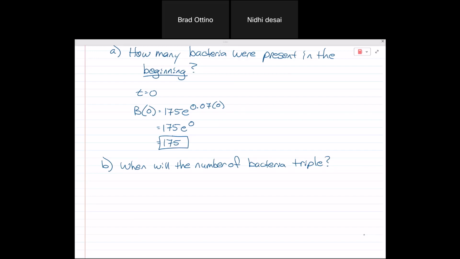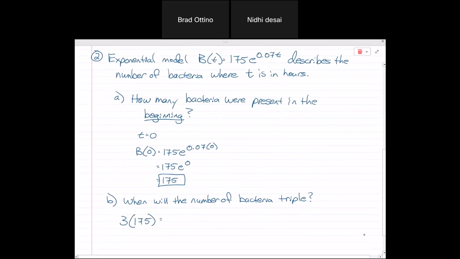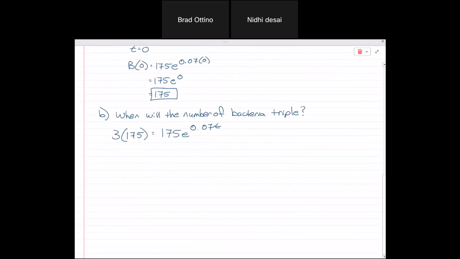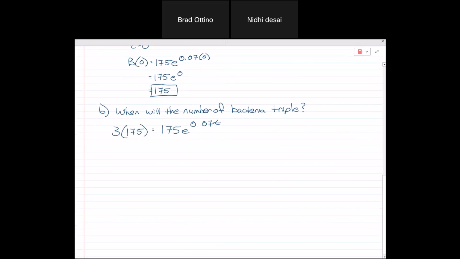So if we're starting with 175 and we want to figure out how long until it triples, what we have to do is take 175 and multiply it by 3. And we're going to go ahead and solve the equation 175 e to the 0.07 t power equals 3 times 175. When we solve this, t is going to tell us when the bacteria will be 3 times 175. That's how it all comes together. So 3 times 175 is 525.